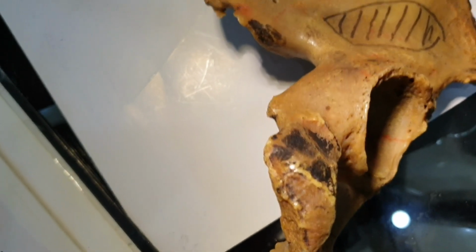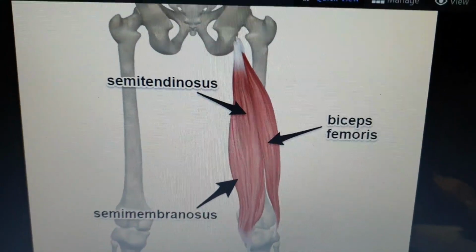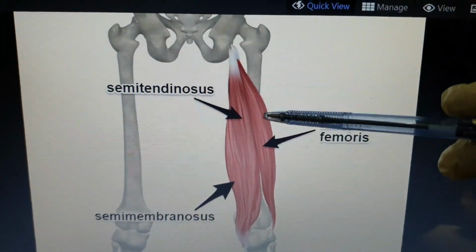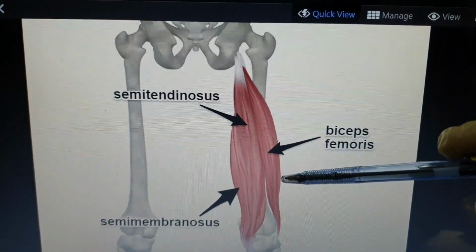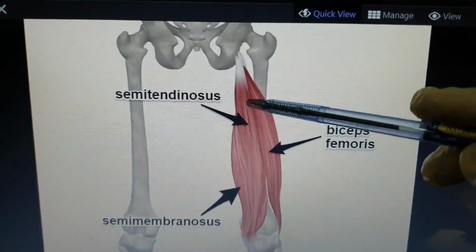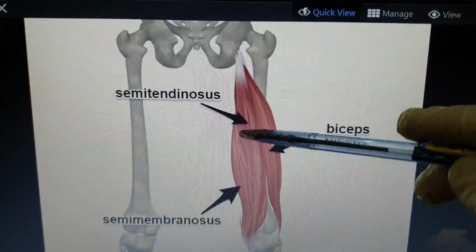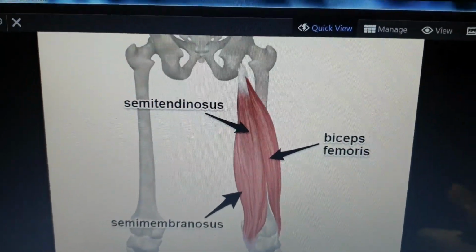And the inframedial part gives origin to two muscles, the semitendinosus and the long head of the biceps femoris muscle. Here we can see the hamstring muscles taking their origin from the ischial tuberosity. This is the biceps femoris, this is the semitendinosus, and this muscle here is the semimembranosus muscle.